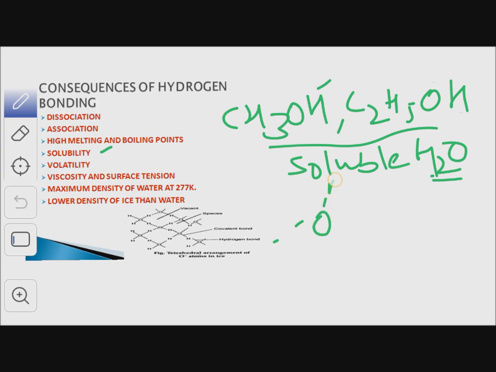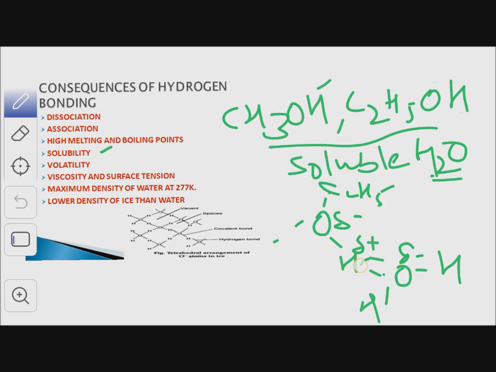Suppose this is the C2H5 ethanol. Here it is partial negative charge, and this is the water molecule in which oxygen carries partial negative charge and hydrogen carries partial positive charge, and this bond is called the hydrogen bond.